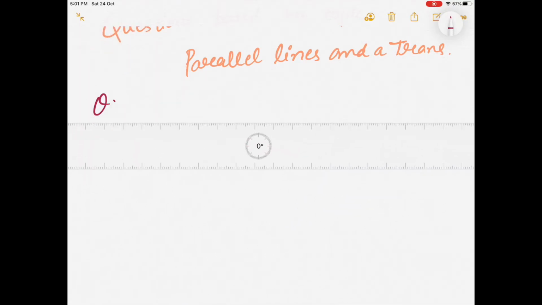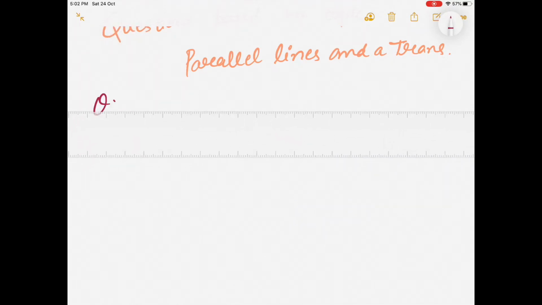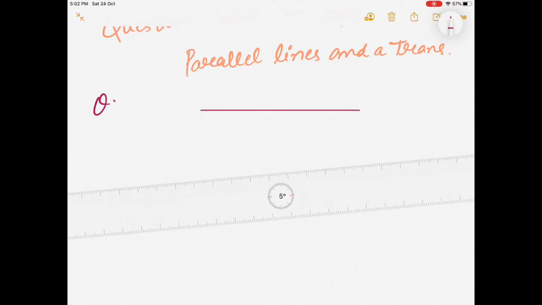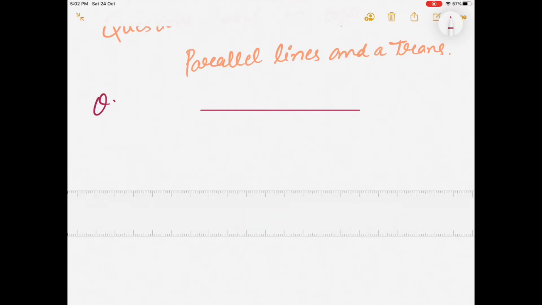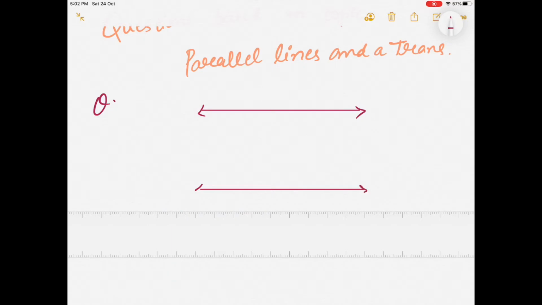In this question, a figure is given to us in which the question is saying there are two lines PQ and RS parallel to each other. Okay, the question says these are two lines PQ and RS and these two lines are parallel to each other.